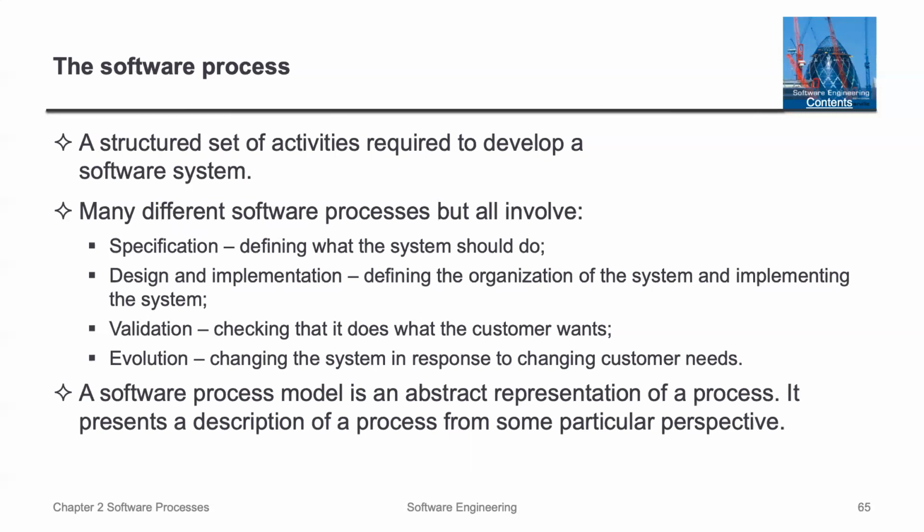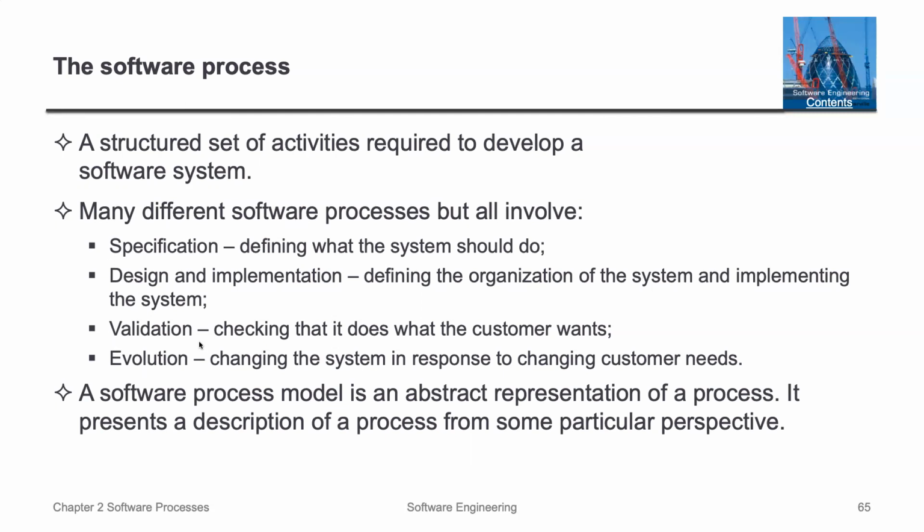A software process is a structured set of activities required to develop a software system. There are many different software processes, but they all involve four basic things: specification, design and implementation, validation, and evolution. First, you have to define what exactly the system is supposed to do. Once you do that, you figure out how you're going to organize and implement the system.